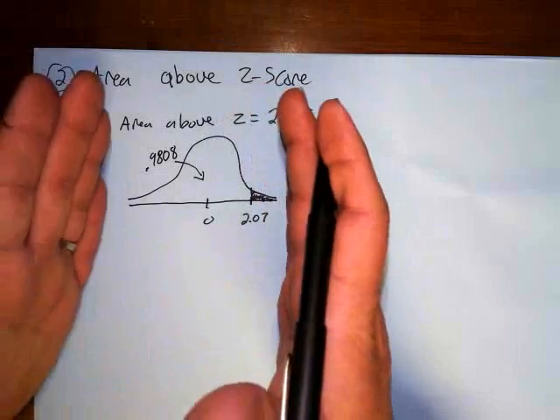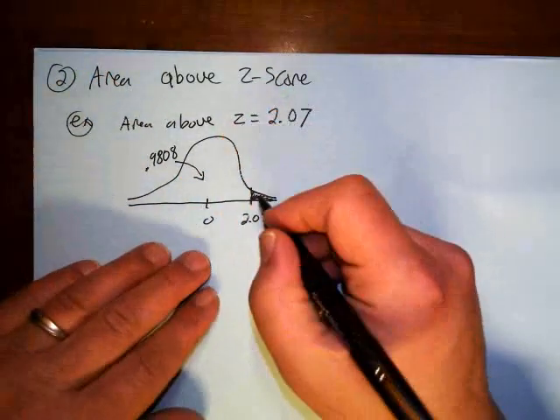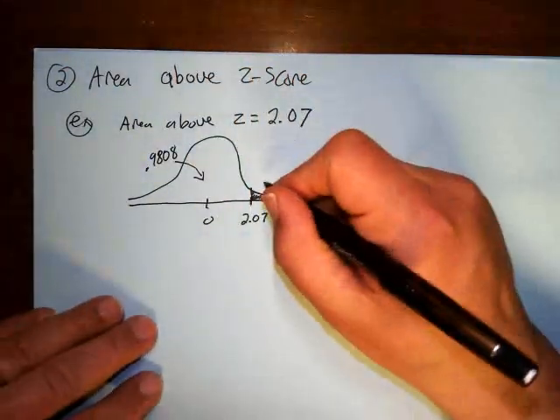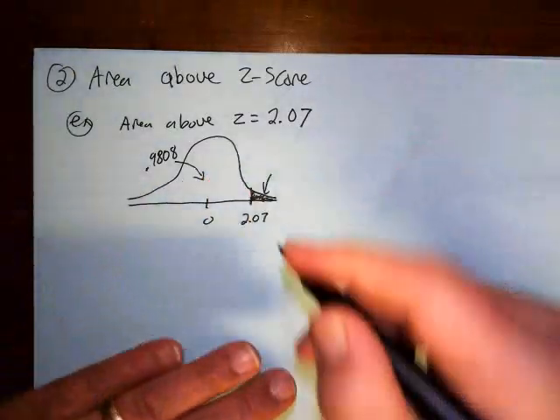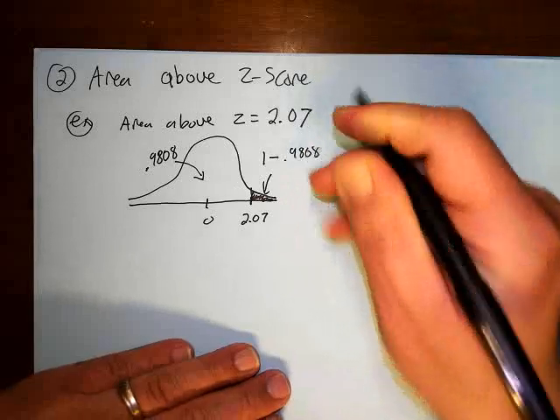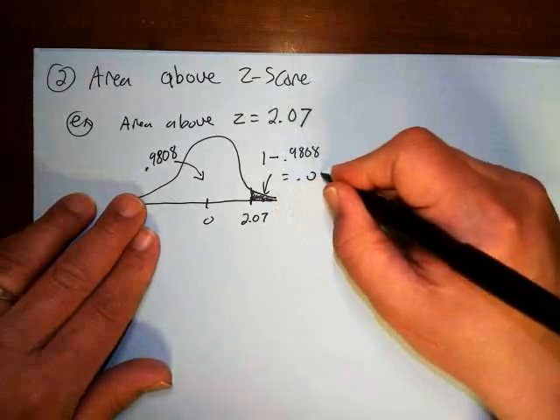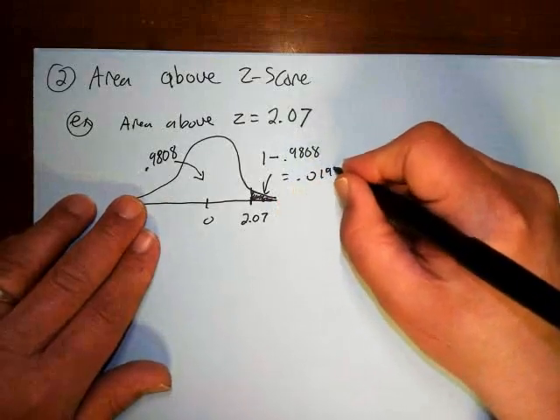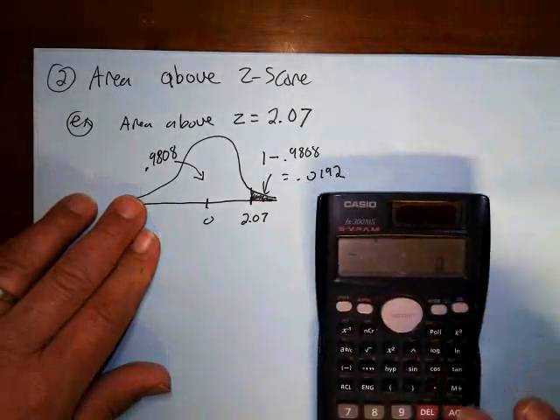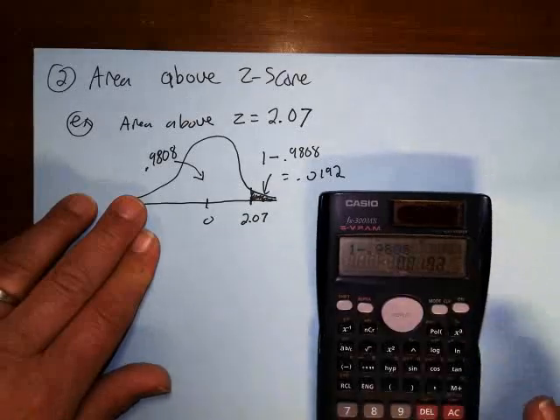Because the total area is 1, and so the area below plus the area above is equal to 1, and so to get the area above, you would take 1 minus the area below. Okay, so 1 minus 0.9808 is going to give me 0.0192. Let me make sure I got the right answer. Yeah.